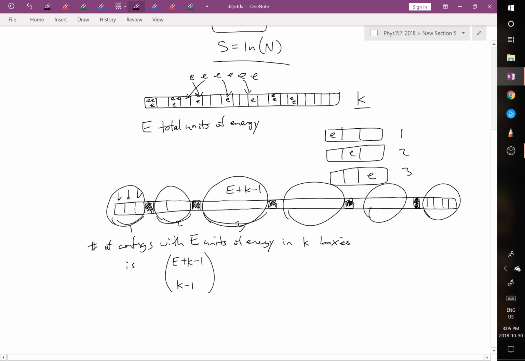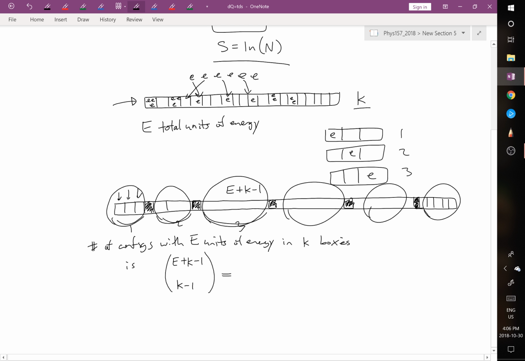And that's just a math trick for counting how many configurations like this there are with E total units of energy. So this is the answer to that mathematics question of how many ways there are to have K boxes and E total units of energy.